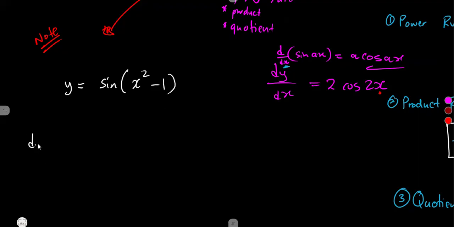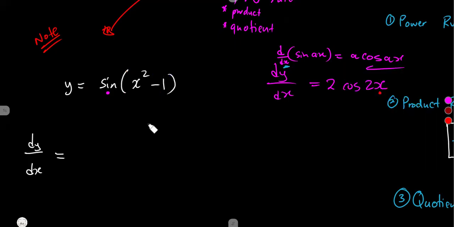So this is what I'm trying to say. The derivative of y with respect to x is going to be what? We are not given any power in terms of this sine. So we go straight. We differentiate sine of this whole part, with respect to this function. It means that function is not considered at that moment.